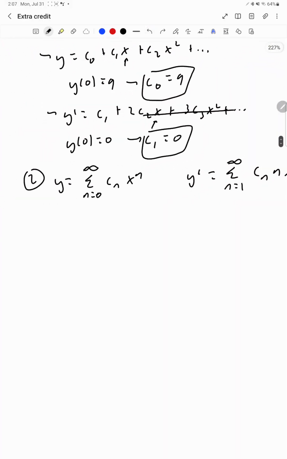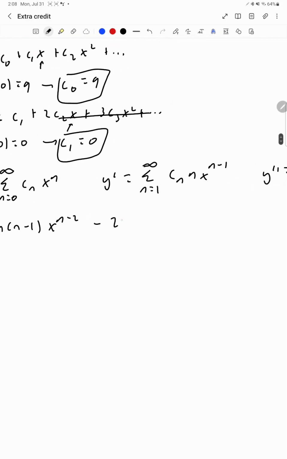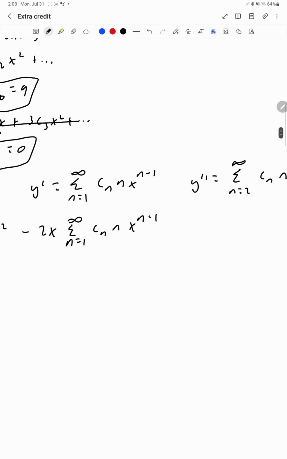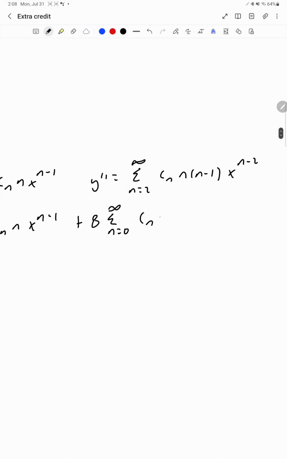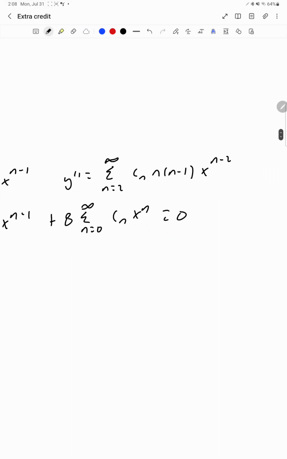So we're going to get the sum from n equals 2 to infinity of cn n minus 1 x to the n minus 2, minus 2x times the sum from n equals 1 of cn n, plus 8 times the sum from n equals 0 of cn x to the power of n, equals 0.